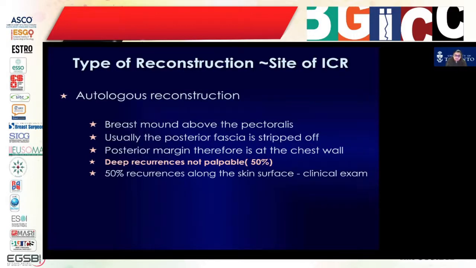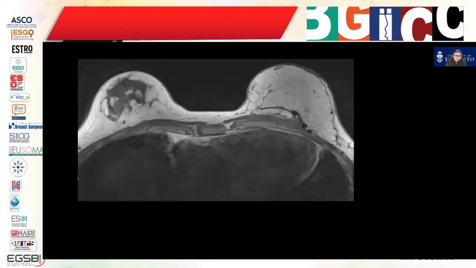These women are naturally susceptible to higher local recurrence. And if such a woman receives an autologous reconstruction, the deep recurrences will not be palpable. So there is some discussion that maybe in a subset of these women, some kind of imaging can be offered. The majority of the recurrences will occur along the skin surface, particularly in the DIEP scenario.